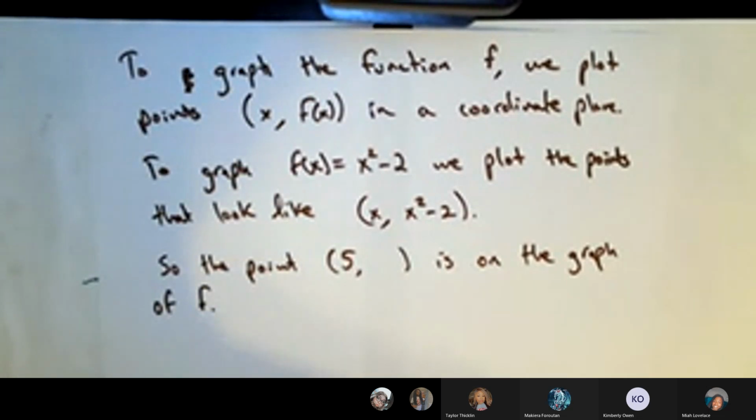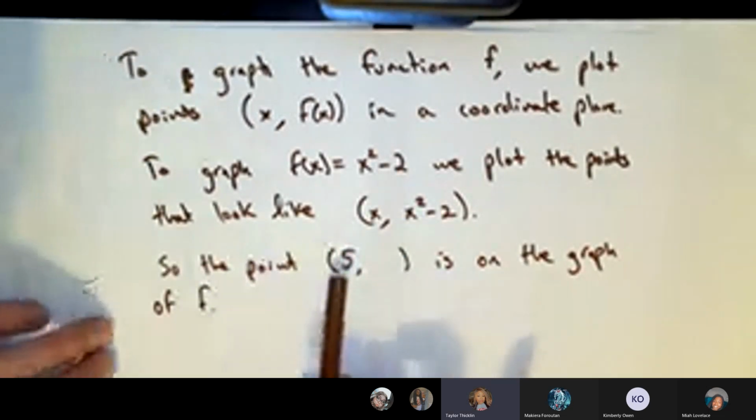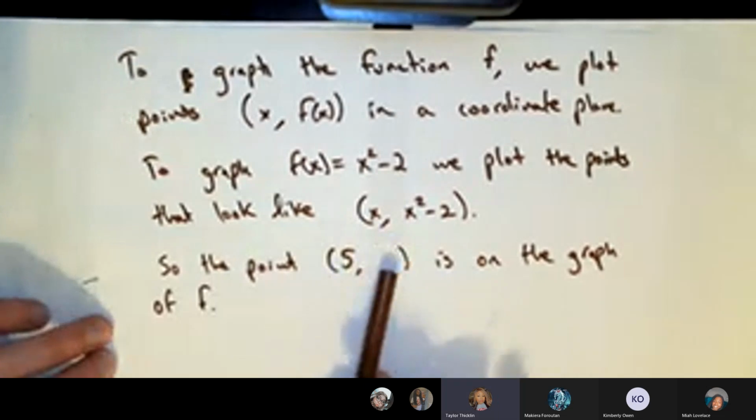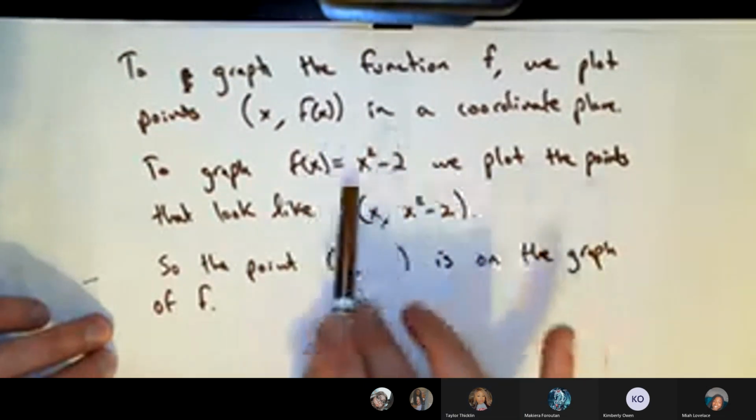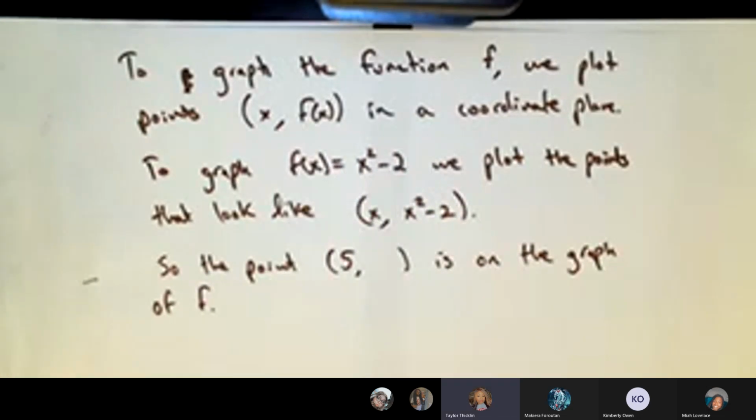Kimberly, what do you think? Oh, sorry, go ahead, Taylor. You mean 5 for the x's, right? Yeah, so the point 5 comma, and then what's the number that would correspond to 5 if you input it into this function? I'm not really sure.